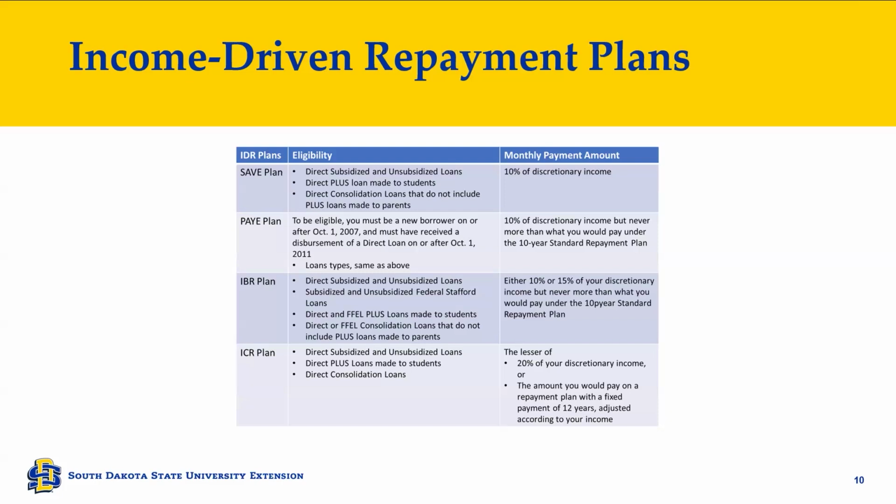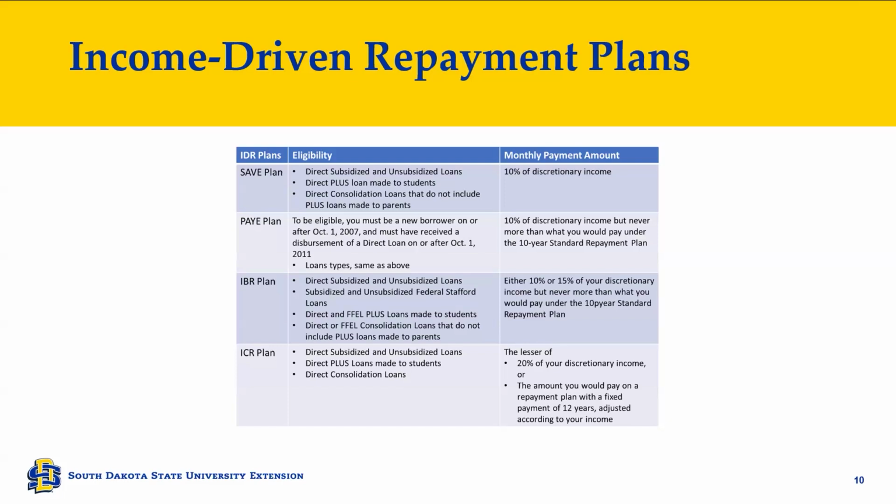PLUS loans are made to graduate students, and so those can be included as part of that. With this plan, it's either 10 or 15% of your discretionary income, but no more than what you could pay with a standard repayment plan.